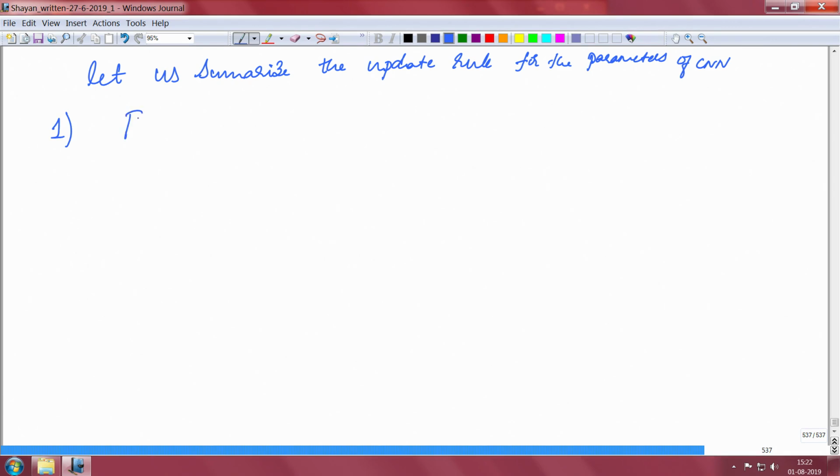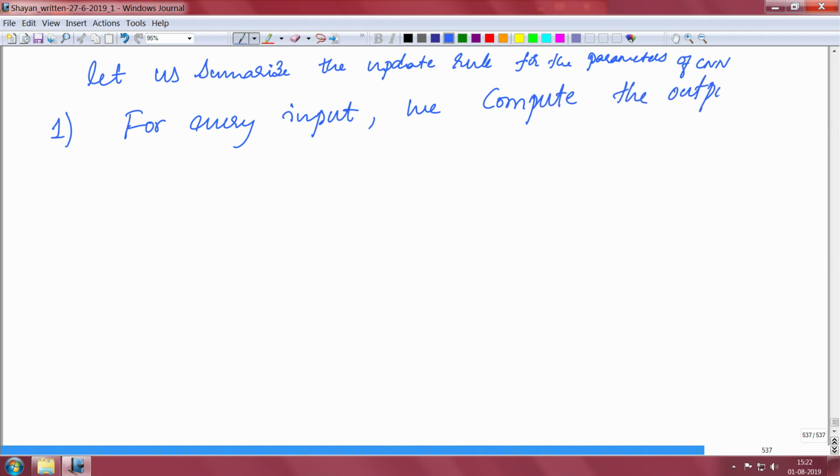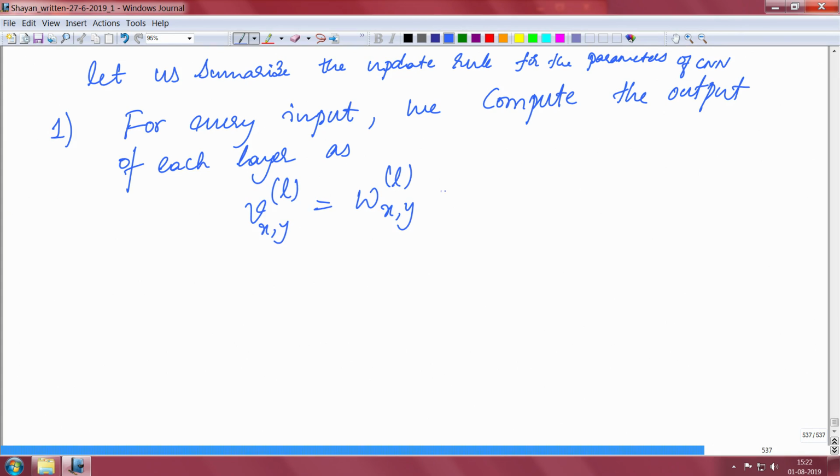So the first step is, for every input we compute the output of each layer as v of x comma y at Lth layer is the convolution of the weight parameters with the activation functions from the previous layer plus the bias term at the L layer.